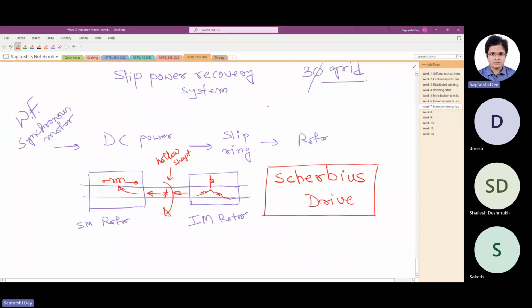This is this, not this. Because otherwise you will have a lot of energy loss unnecessarily in the rotor. Why do that? Give that power back to the grid.